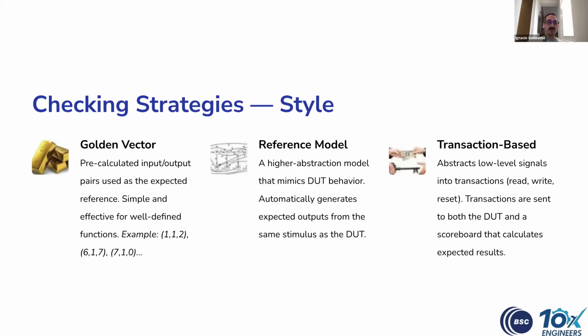When the scoreboard receives these same transactions, it generates the expected results. And this is most scalable for complex protocols. So we need to choose the correct style and strategy based on the design complexity and the verification requirements.